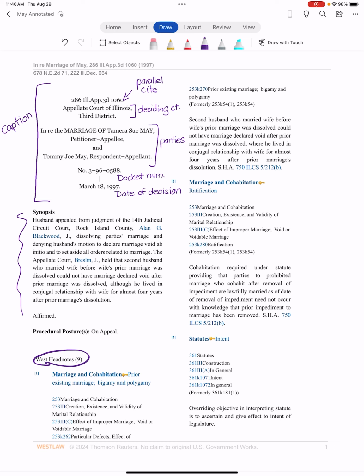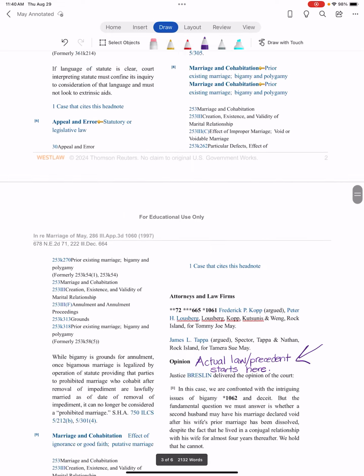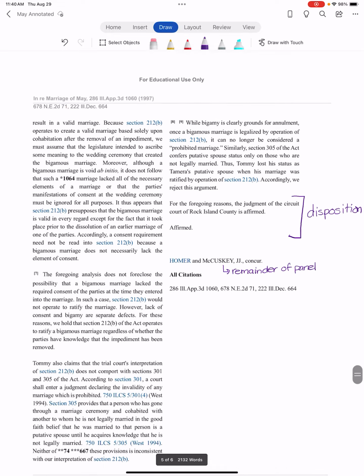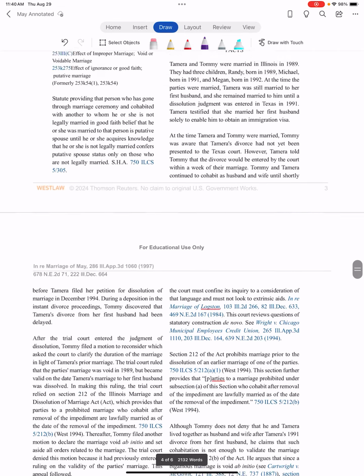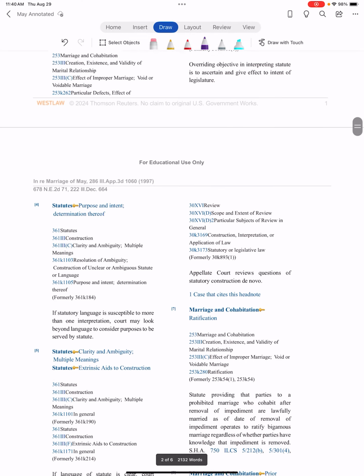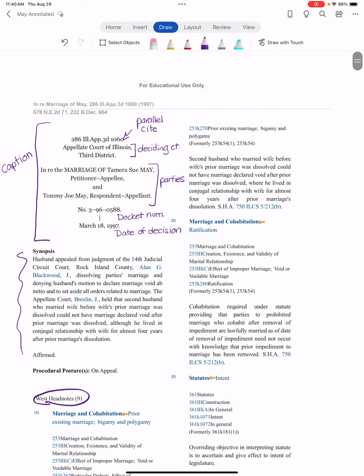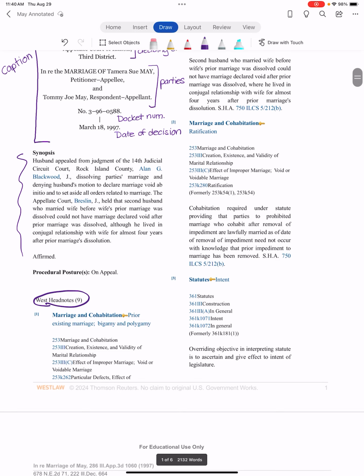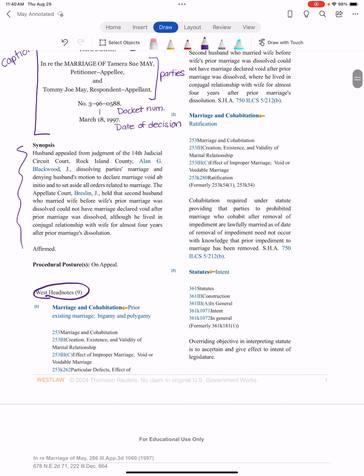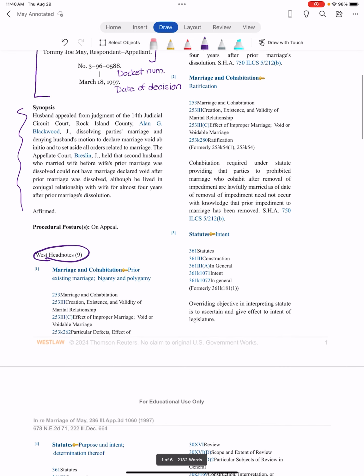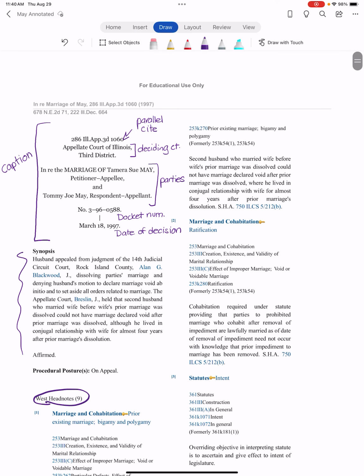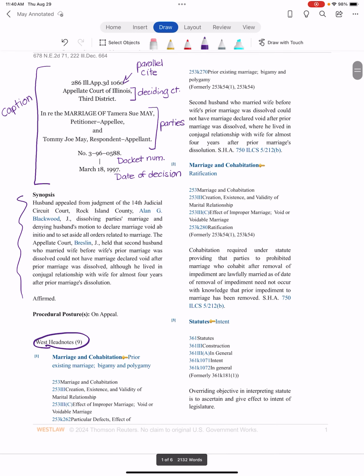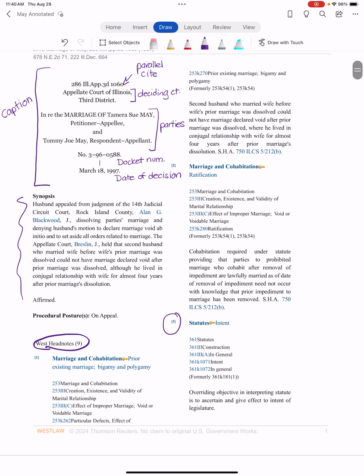The other thing I noticed is that as I scrolled through the case, this is actually a pretty short opinion. So because it's a pretty short opinion, it's less important for me to try to narrow down the areas that I want to concentrate in using the headnotes. If I wanted to concentrate on something in a headnote, remember I look at the number I'm circling right here, right? Headnote 3.